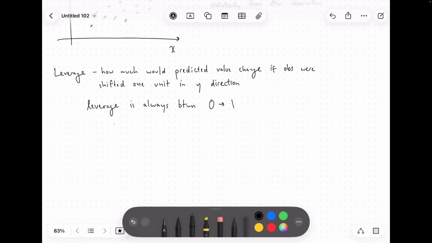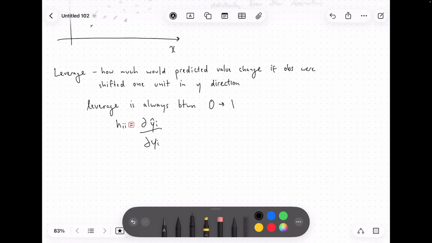So the way we calculate leverage is h_ii is equal to the change in y_i predicted over the change in y_i.